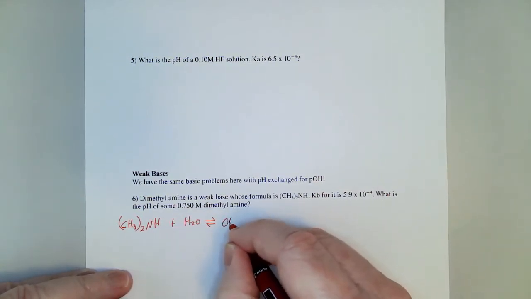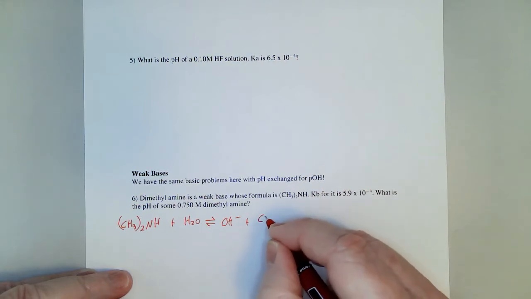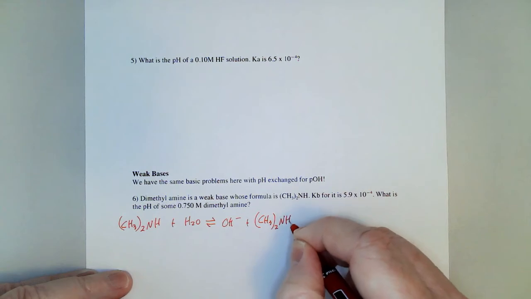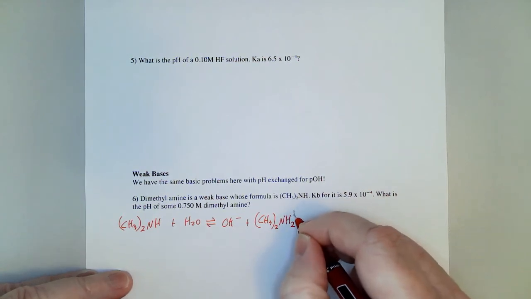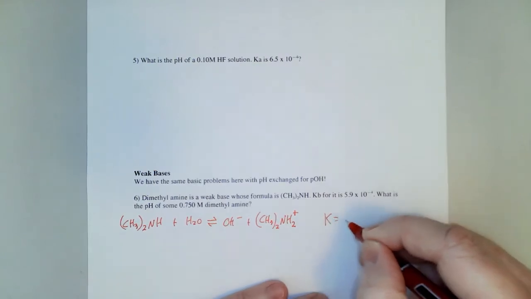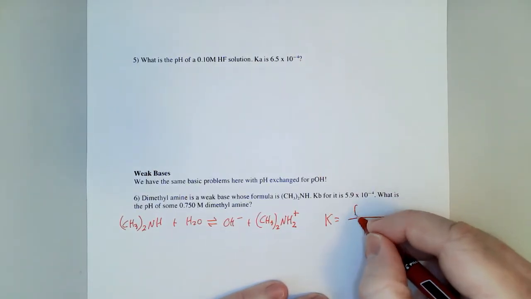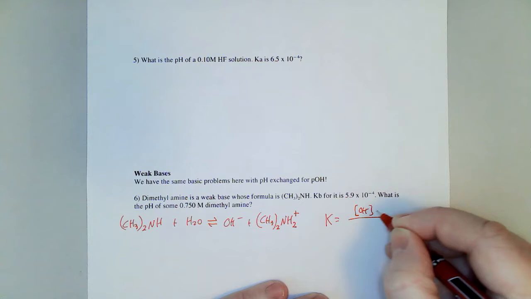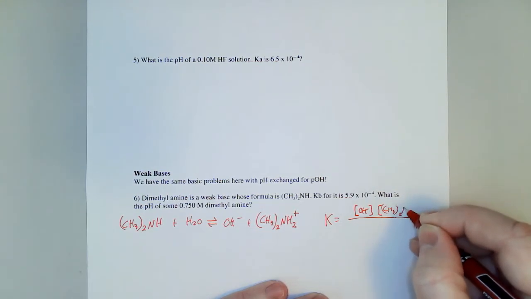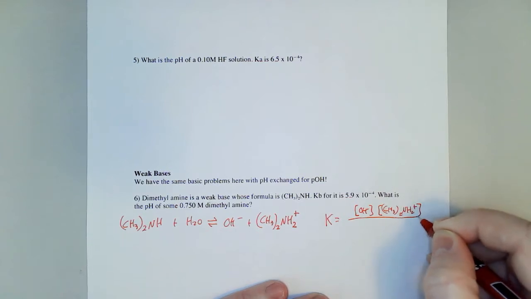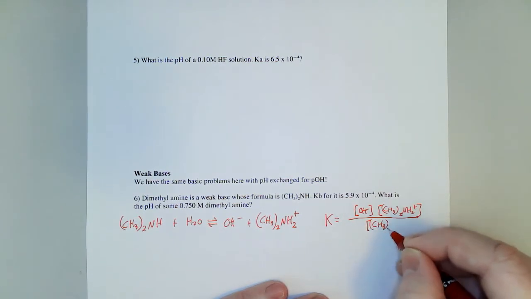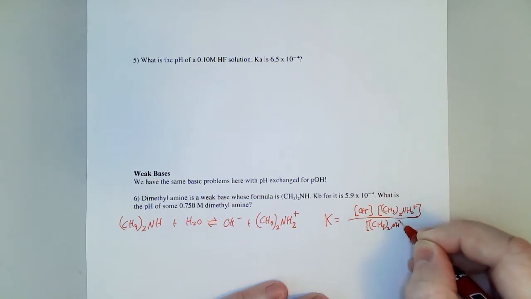So we get hydroxide, and we get (CH3)2NH2 with a positive charge. The K is pretty straightforward. You've got your hydroxide, you've got your (CH3)2NH2 with the plus, divided by your (CH3)2NH.